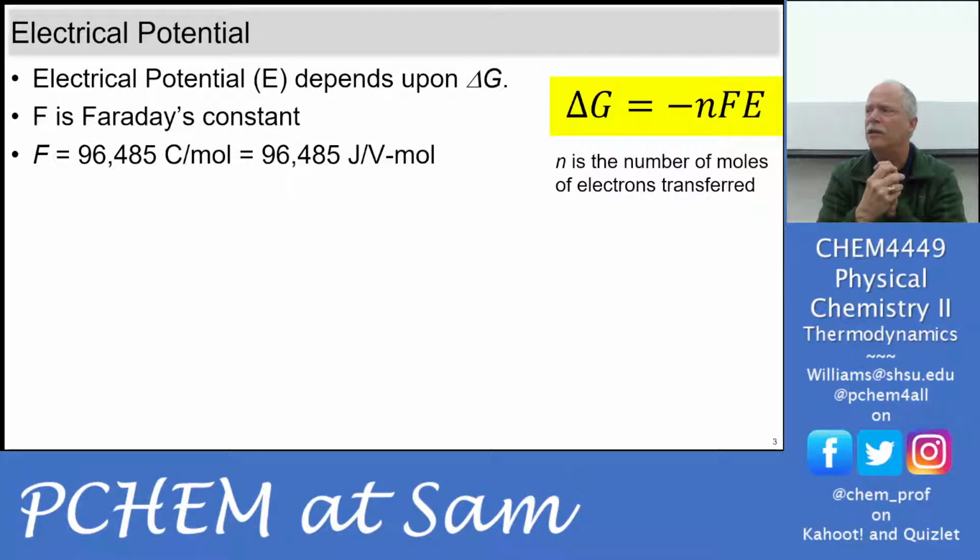An electron carries something like 10 to the minus 19 coulombs, and if you take that times Avogadro's number, you get Faraday's constant. You can also convert that to volts, and it's 96,485 joules per volt mole, so joules per mole per volt. That would be the conversion if you accelerate an electron through a volt, giving it a certain amount of energy.